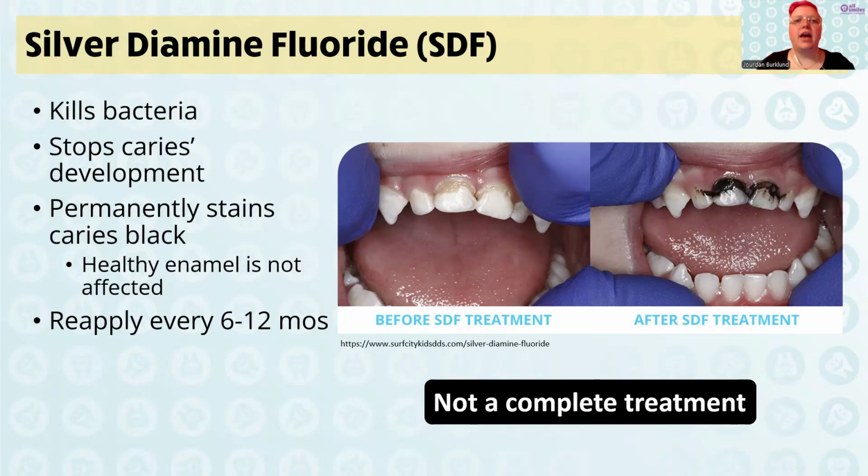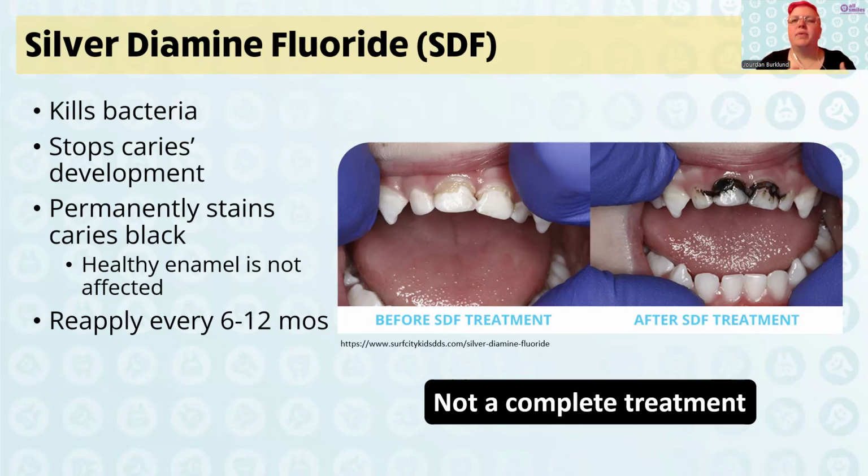The only caveat, the issue that a lot of people come across, is that any part of the tooth that is a cavity will permanently stain black. And that turns a lot of parents off from getting this really, really important treatment. So it's something that I like to tell everybody about because I want to remove the stigma of SDF.